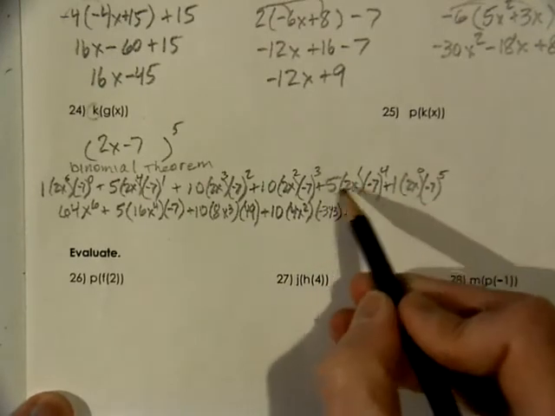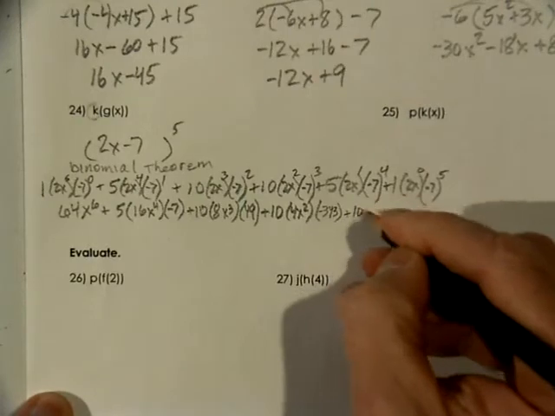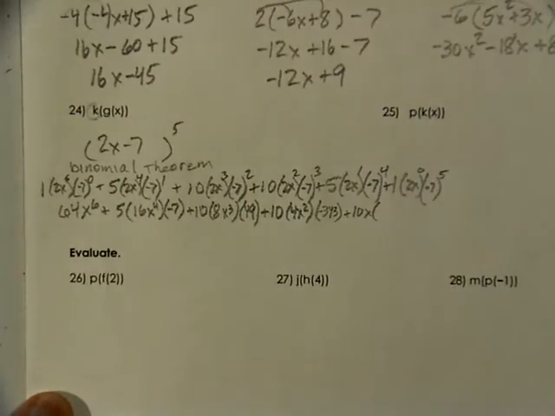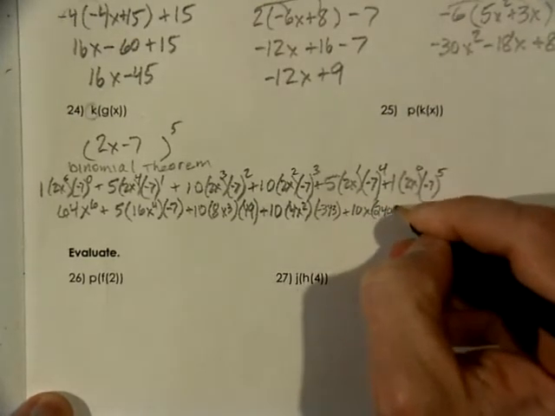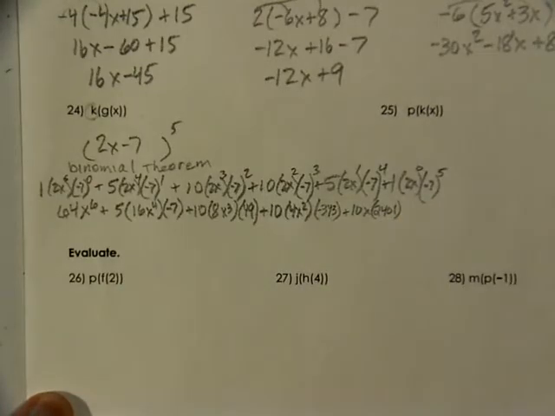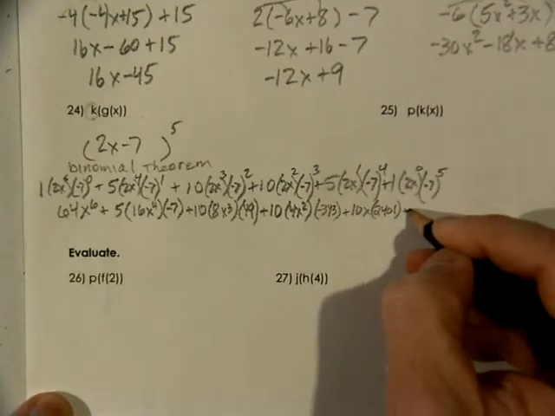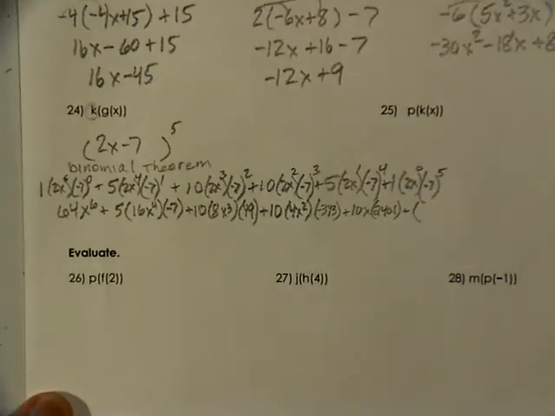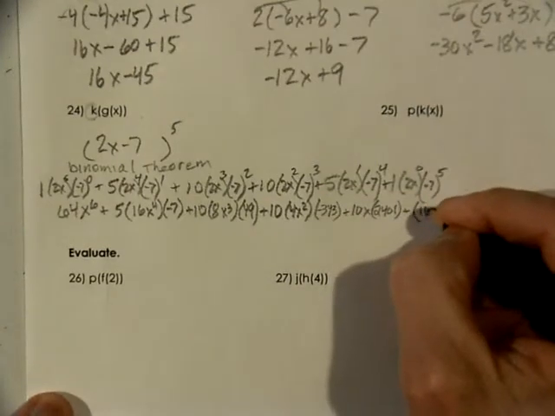This becomes, I'll actually multiply this out. This is 10x. This is negative 7 to the 4th power, which is a positive 2401. Then we have 0, 0, and we have negative 7 to the 5th power, which is crazy.